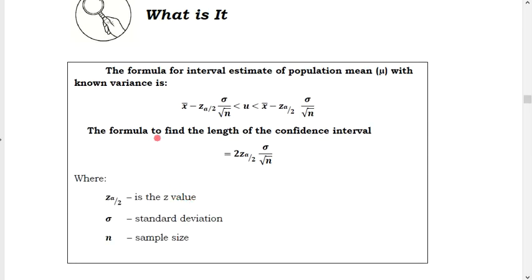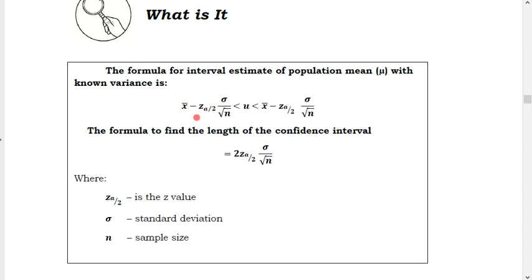Okay, so what is it? The formula for the interval estimate of the population mean with known variance is, okay, so ito yun. Here is the sample mean and the population mean.